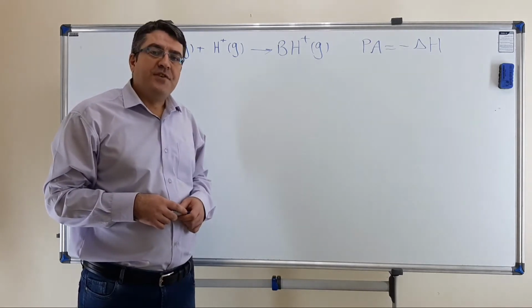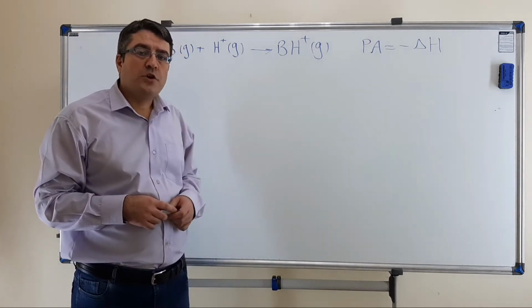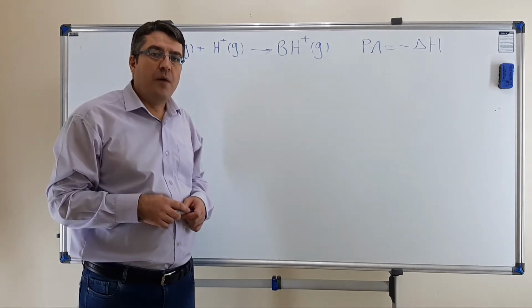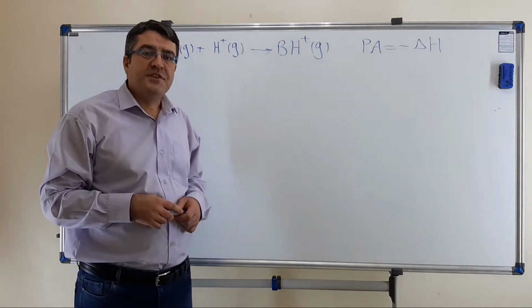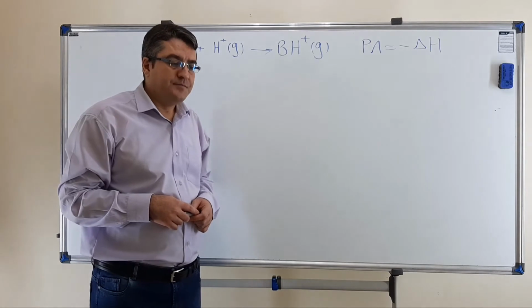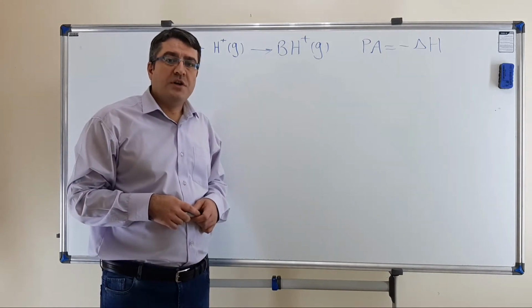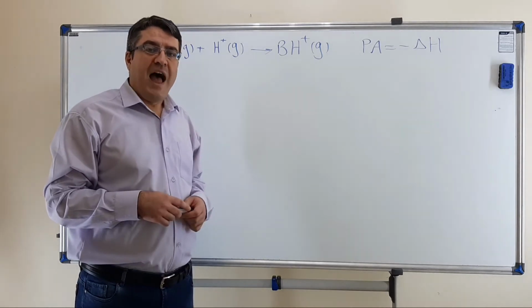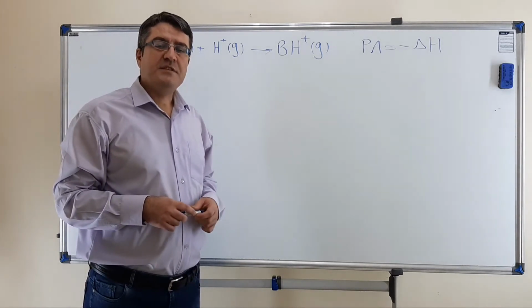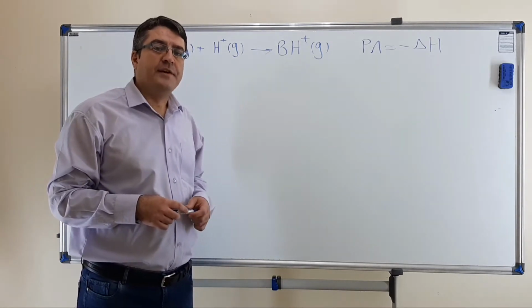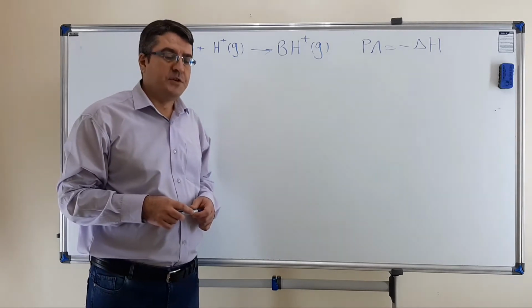Ionization energy is the minimum energy required to detach an electron from a neutral or positive molecule or cation. It is common to consider electron affinity in the case of negative species and ionization energy in the case of positive species.